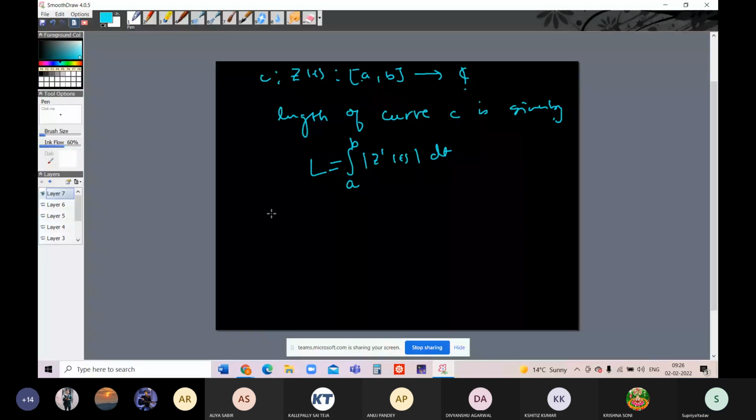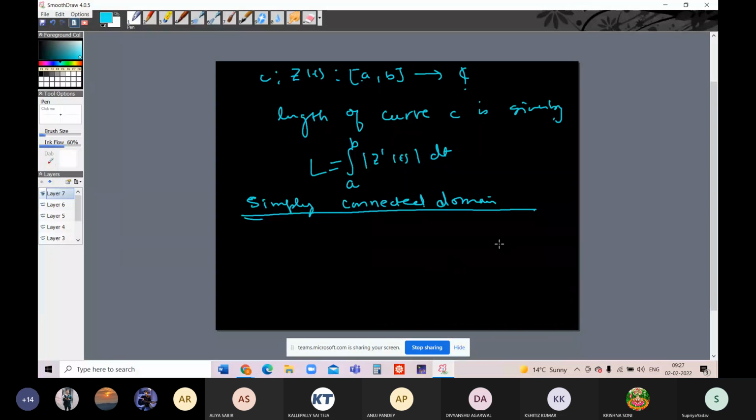Okay. Next is simply connected domain. What is a simply connected domain? You already know about the connected domain, connected region. Here we will study simply connected domain.